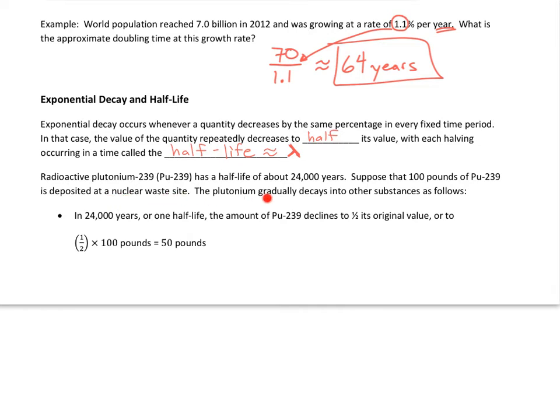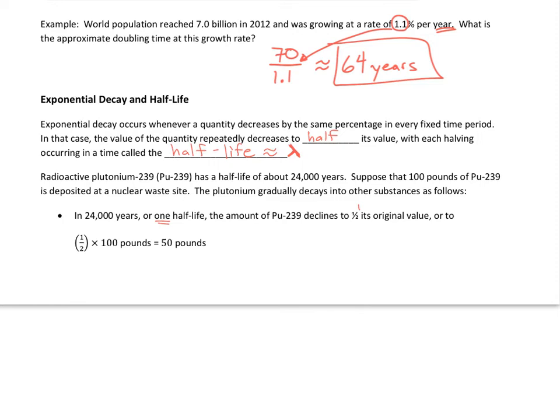The plutonium gradually decays into other substances as follows. In 24,000 years, or one half-life, the amount of plutonium-239 declines to 1/2 its original value, or to 50 pounds. We will continue this example on the next slide.